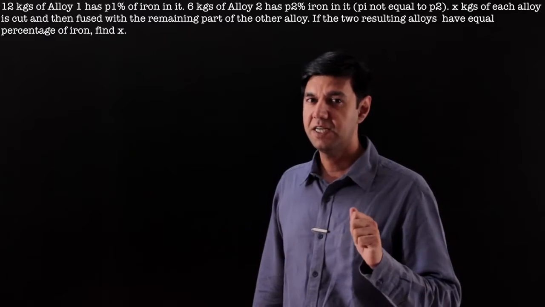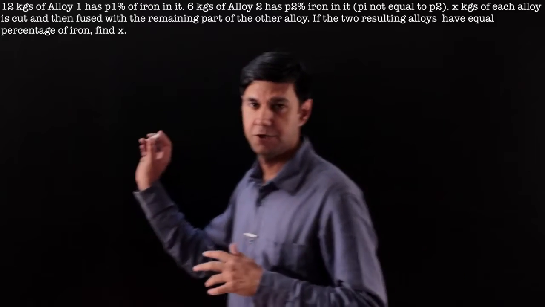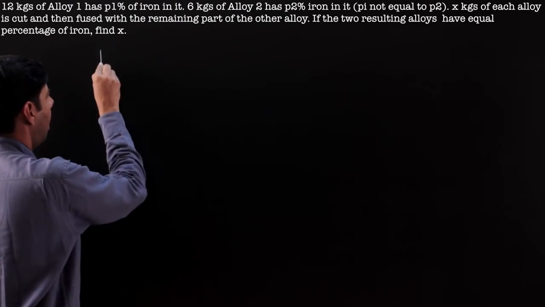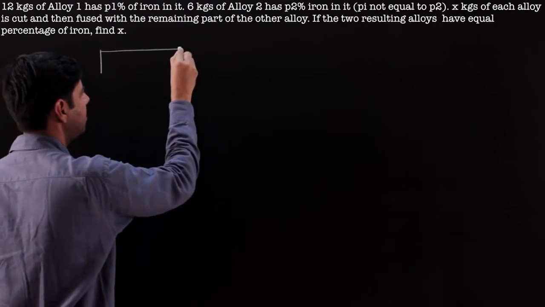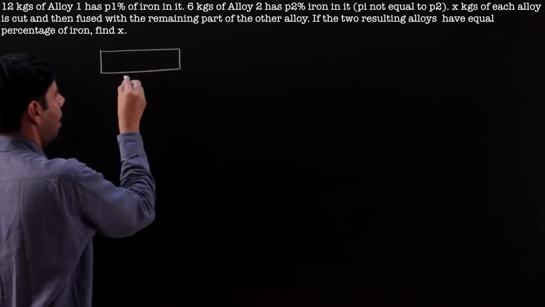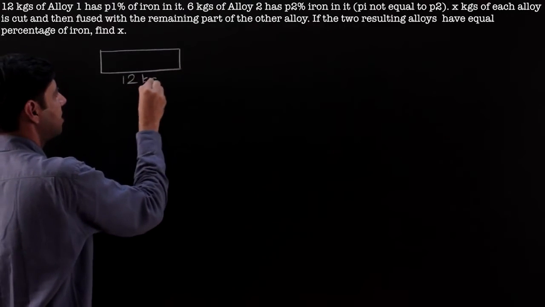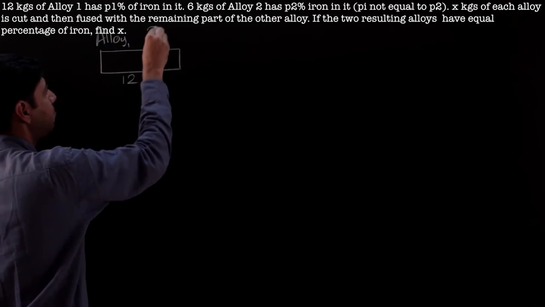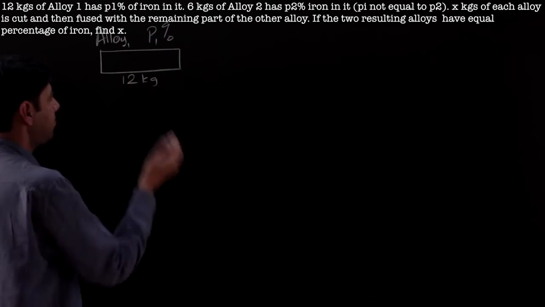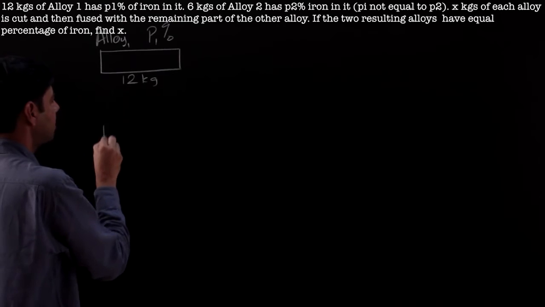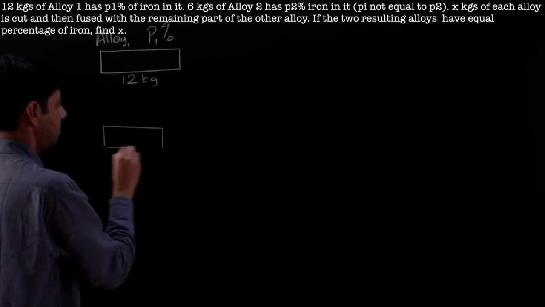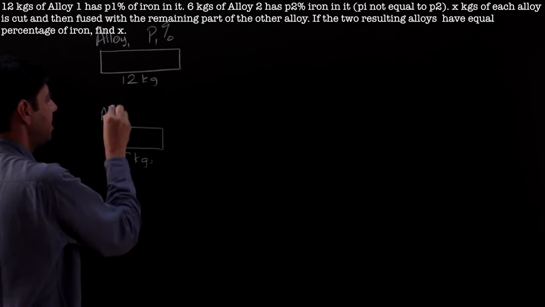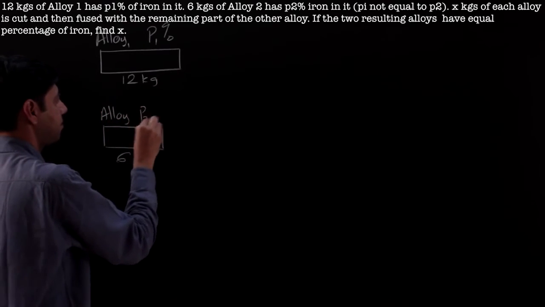If you have given it a decent try, at least the question should have been understood as: I have 12 kgs, and this is alloy 1, let's say, which has P1 percentage of iron in it, and I have an alloy 2 which is 6 kgs, which has P2 percentage of iron.